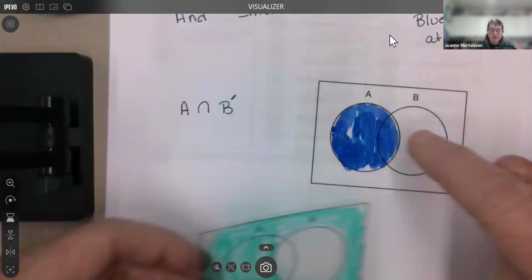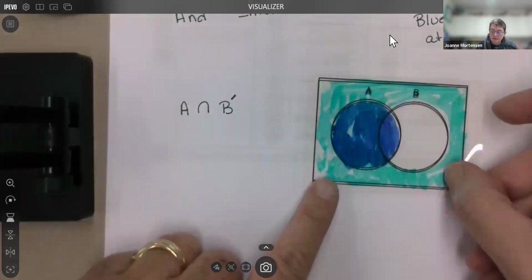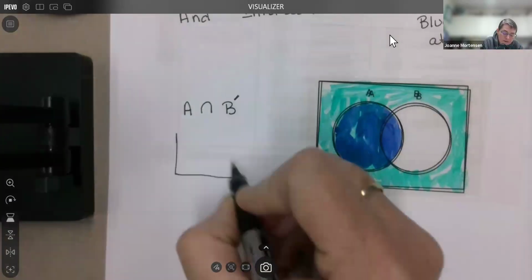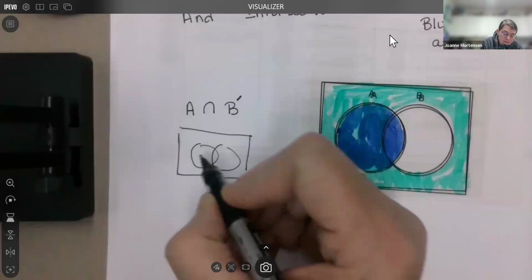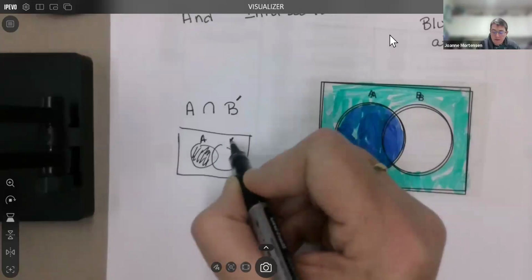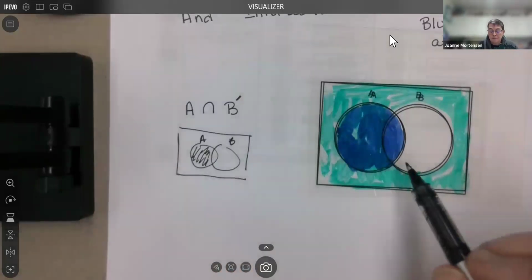It's only this part of the A. So I'm just going to do a quick sketch. That's the only part where it's both green and blue at the same time.